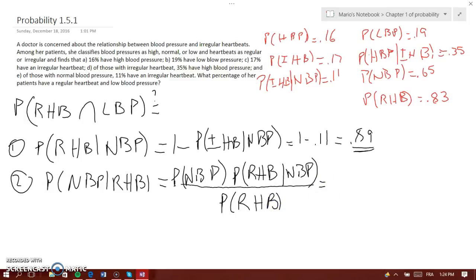And this is one of the formulas, or the multiplication rule, that we can use in this example.